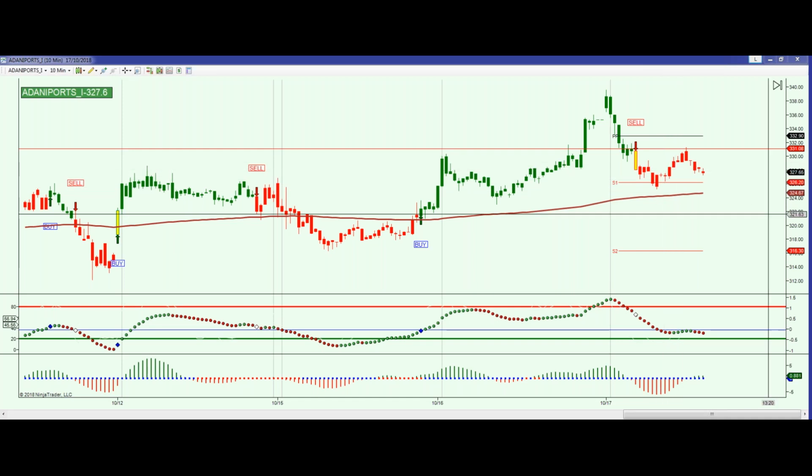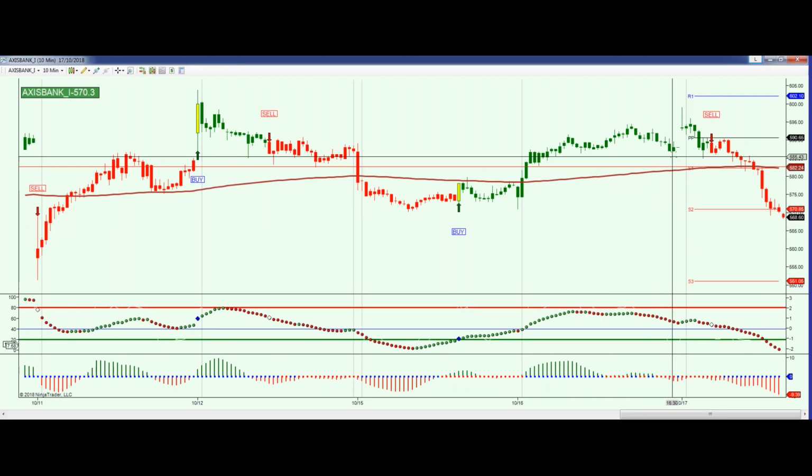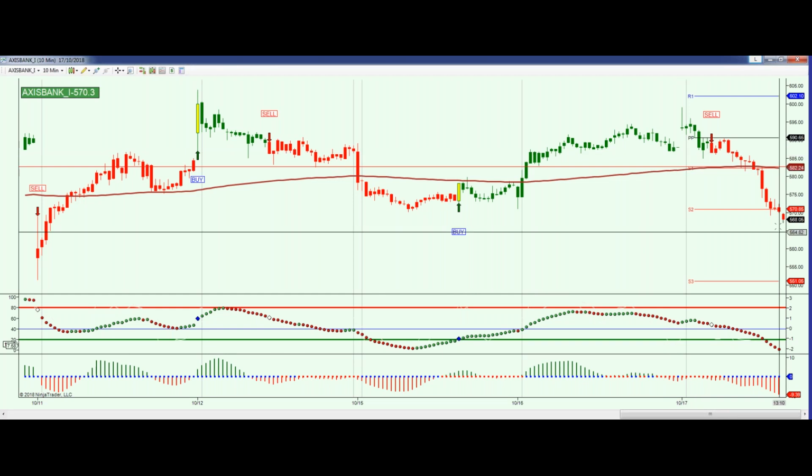And let me come to Axis Bank. So Axis Bank, we had a sell call at 585. Now it is trading at 567.